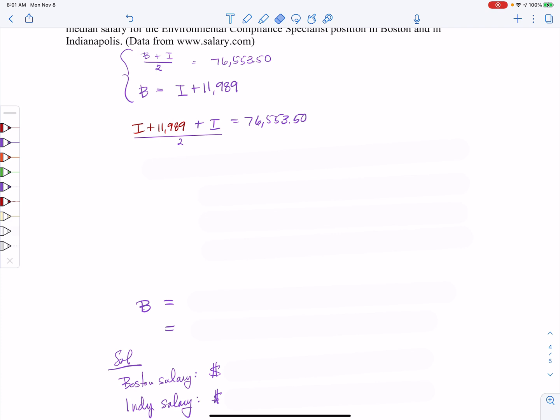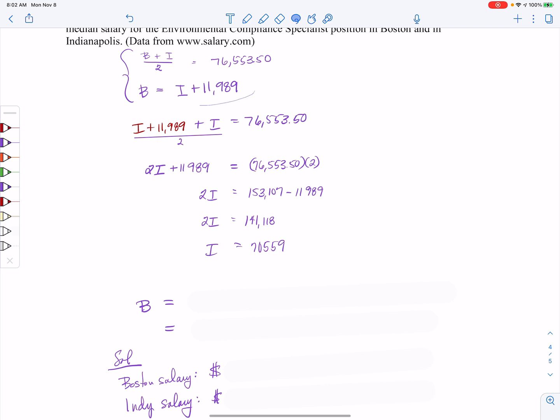Then I multiplied on both sides by 2 to get rid of my fraction, and I combined like terms from the numerator. And then I'm combining like terms. I got all my constants over on the right side, and then did a little bit of math there and divided by 2.